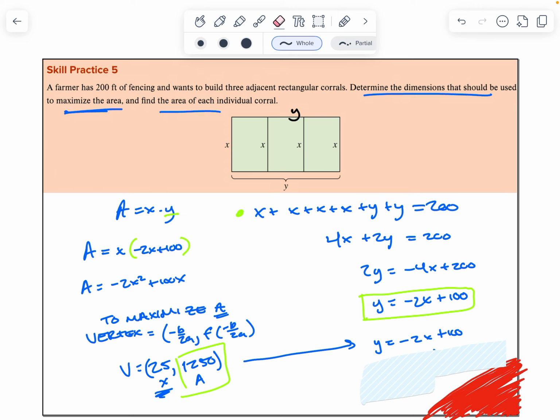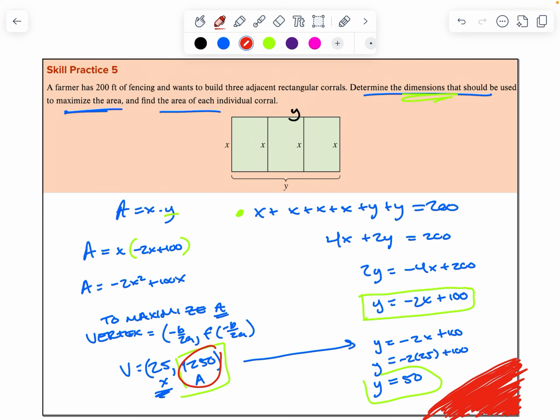So the dimensions I have highlighted in yellow, and I can circle my area in red. It's a 25 by 50 panel. 25 times 50 is 1250, and we could just check just to make sure that if we did 25, 25, 25, 25, 50, and 50, those do add up to a total of 200 feet of fencing.